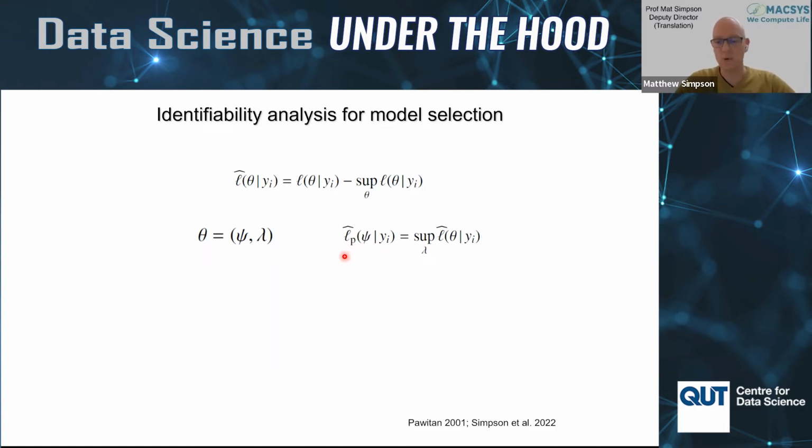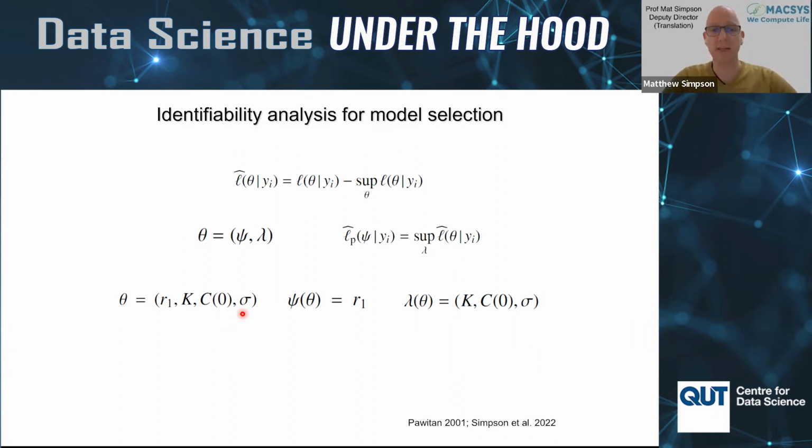So to make this a bit more concrete, if I think about taking the logistic growth model here, my parameters are the growth rate, the carrying capacity, the initial concentration or the initial coverage, and here I've got the standard deviation, or I could have the variance in the noise model. If I'd like to construct a profile likelihood of the growth rate only, I would select R1 as my interest parameter, and my nuisance parameters will be all of the remaining parameters.